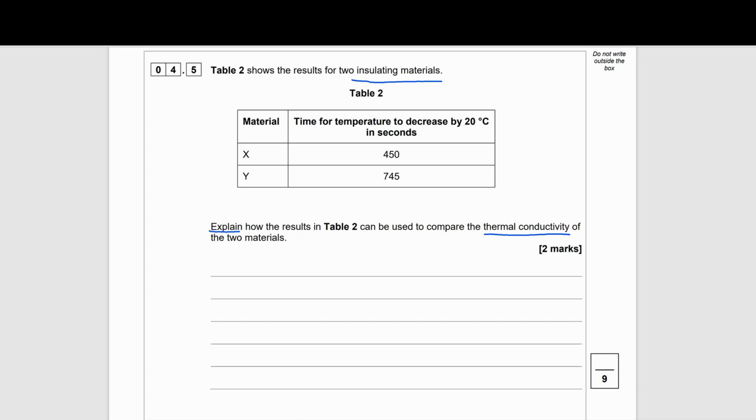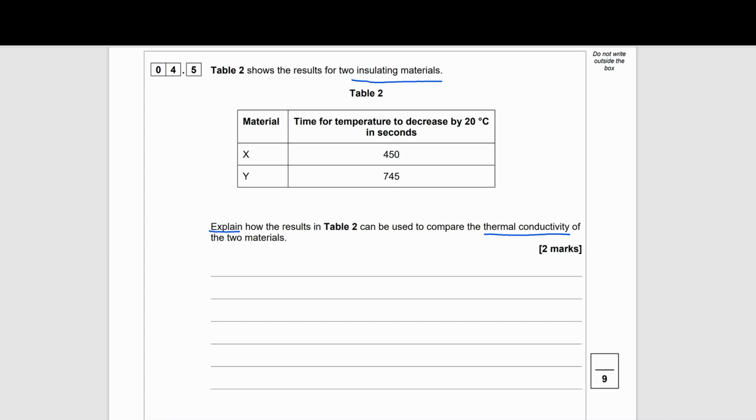So, looking at our table in terms of values, we can see that Y has a greater time for the temperature to decrease. So, how can we link that now to thermal conductivity? This means that for Y, it's taking a longer time to cool down, because the time it takes to decrease is greater, longer.